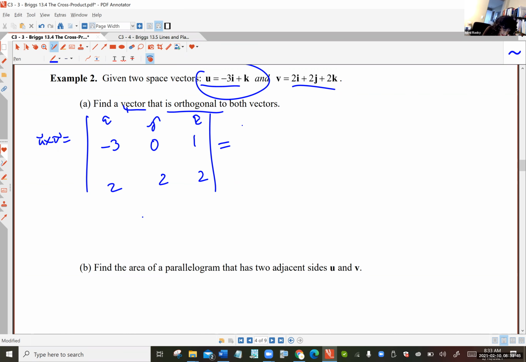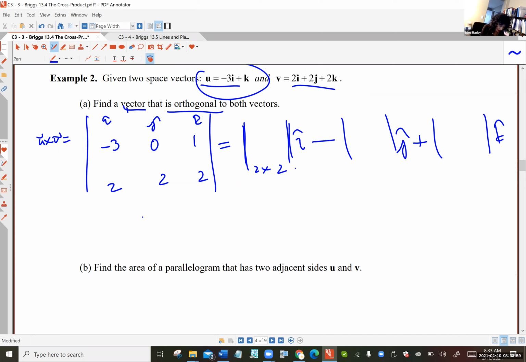Okay, so here's the deal. You're going to have a 2x2 times i hat minus 2x2 times j hat plus 2x2 times k hat. We're expanding along row 1. And the 2x2 that's multiplied with the i hat here is a 2x2 determinant. You block out the row and column that i hat lives in and copy down those elements.